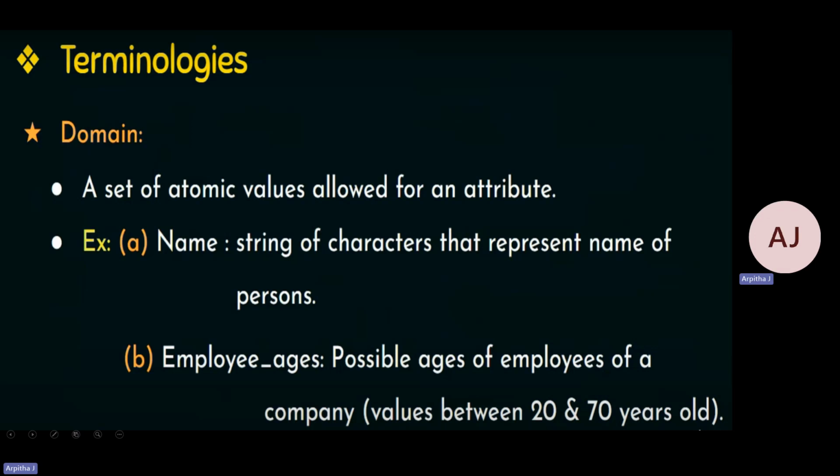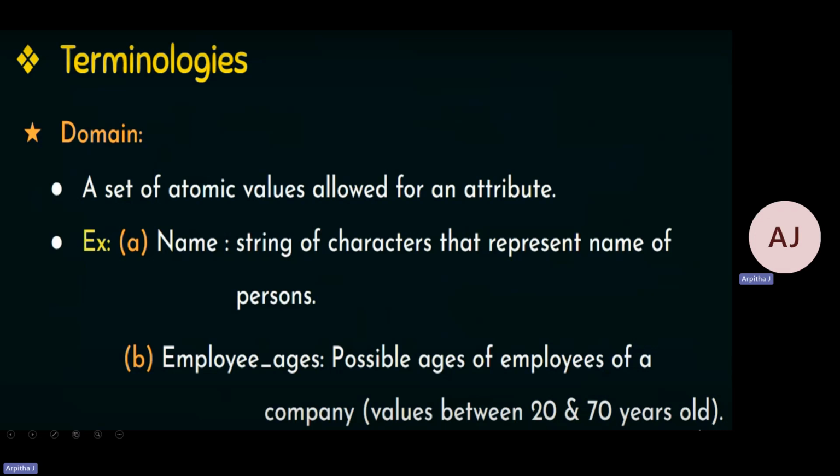So I am fixing my attribute to that range. Whatever the value for the age attribute, it should be of type integer between 20 and 70. You cannot put characters inside the age attribute. That is what we call a domain.